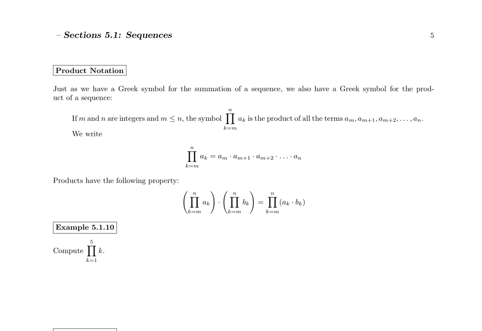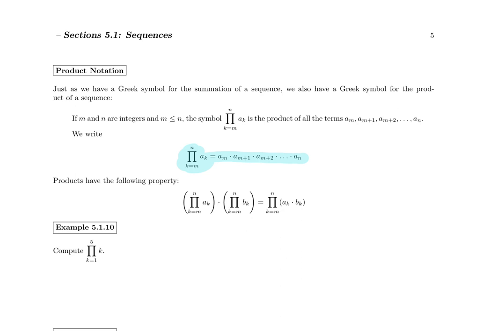If we have m and n that are integers, where m is less than or equal to n, the symbol of the pi with k equals m at the bottom and n at the top of a sub k is the product of all of the terms a sub m, a sub m plus 1, a sub m plus 2, all the way up to a sub n. So we would write it in its expanded form as a sub m times a sub m plus 1 times a sub m plus 2 times all the way out to a sub n.